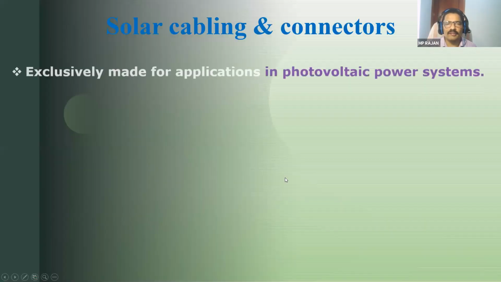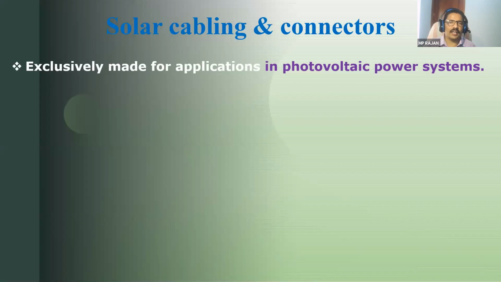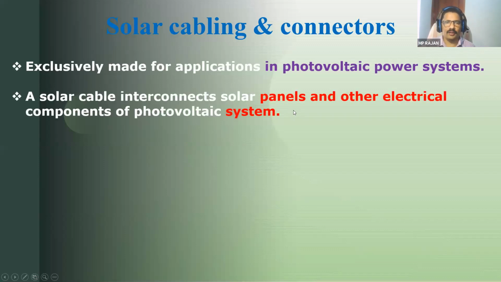Then another important part is the cabling, the solar cables and wires. There are AC cables and DC cables. Special types of cables are used in a solar PV system. They interconnect the solar panels.